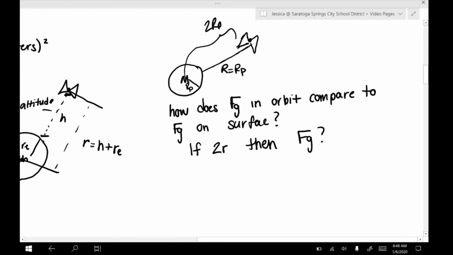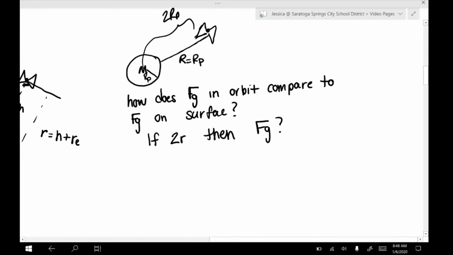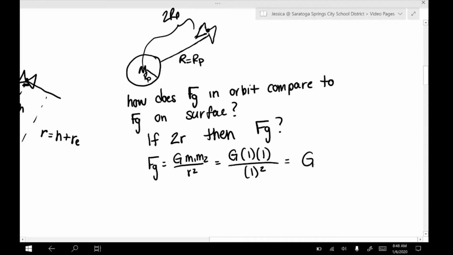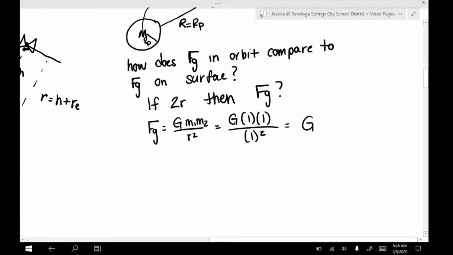So this is where we might use that whole base case idea. Remember, base case idea says start with the equation and then say everything initially gets a value of 1. I'm going to keep G in terms of G. So mass 1 is 1, mass 2 is 1, and the R is 1. So that means my force of gravity is just based on G. Then do what the question tells you to do.